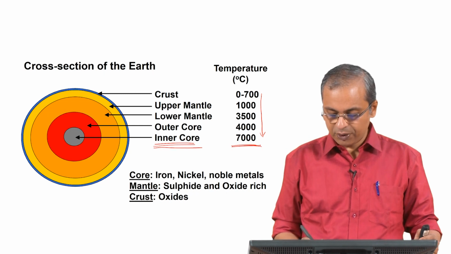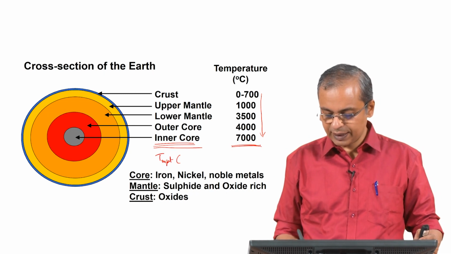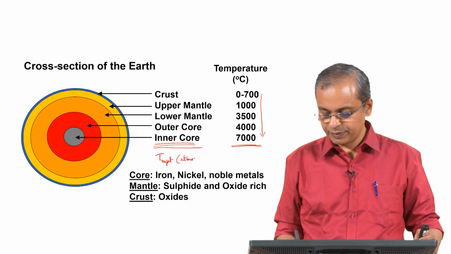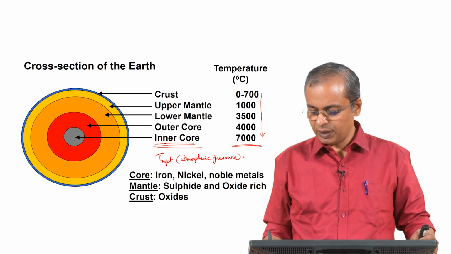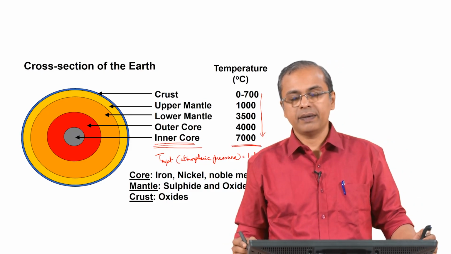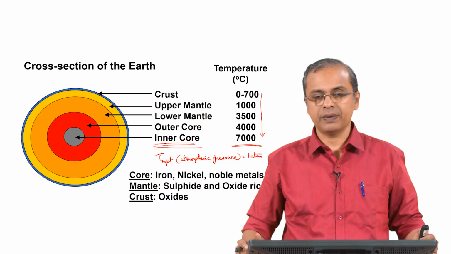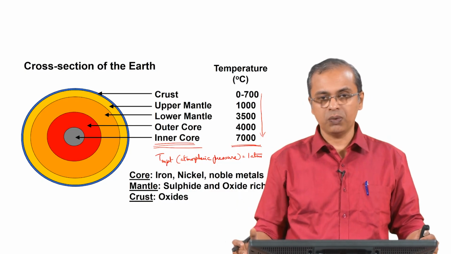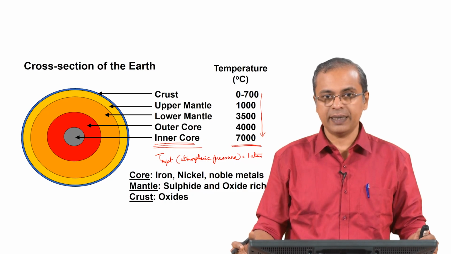So, the melting point, T melting point, that you typically see assumes that it is at 1 atmosphere, and as we saw, you could have several million atmospheres if you go down, based on how much pressure is being collected there.